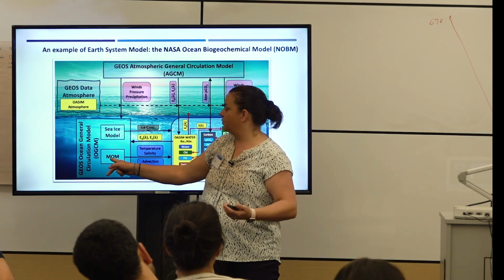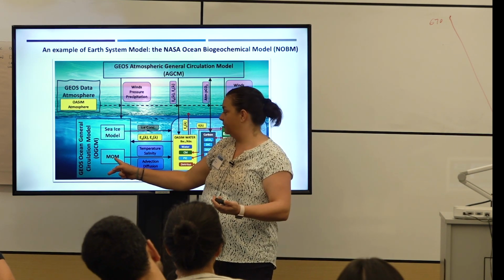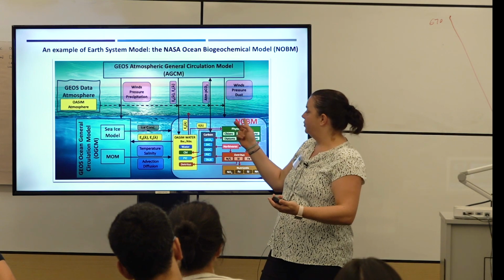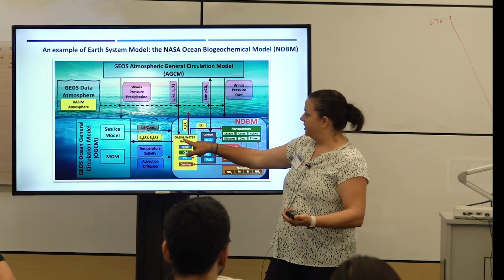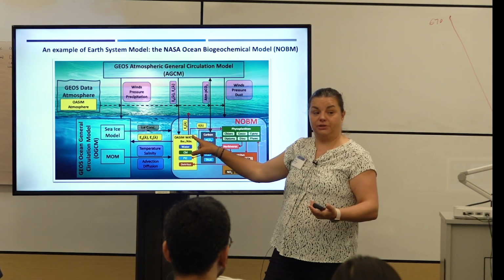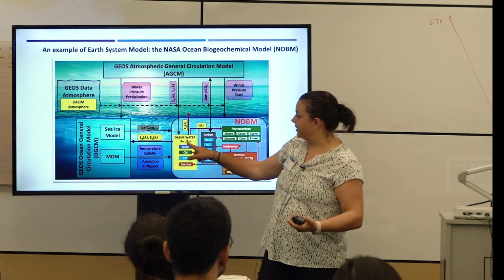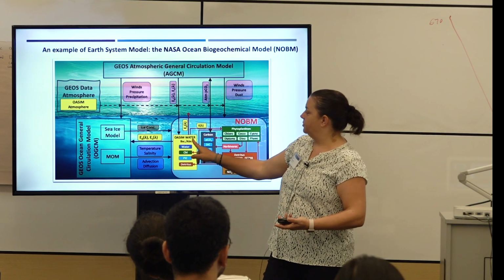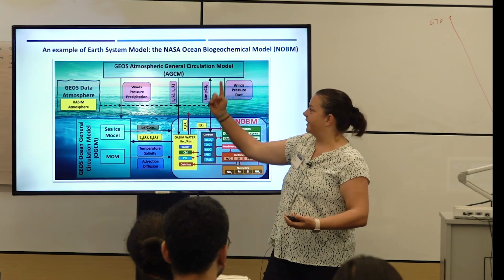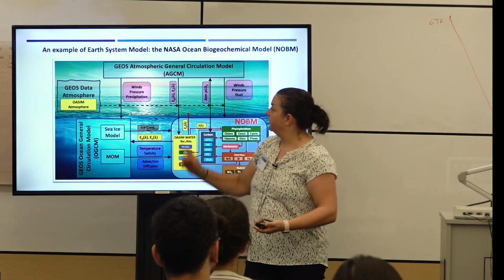In our case, we use one called the Modular Ocean Model, and then the NOBM, which is the NASA Ocean Biogeochemical Model. The yellow box, that's the radiative transfer model that I was talking about. So you can see it interacts both with the circulation and the ocean biogeochemistry, and it produces the light that goes back up to the atmosphere.